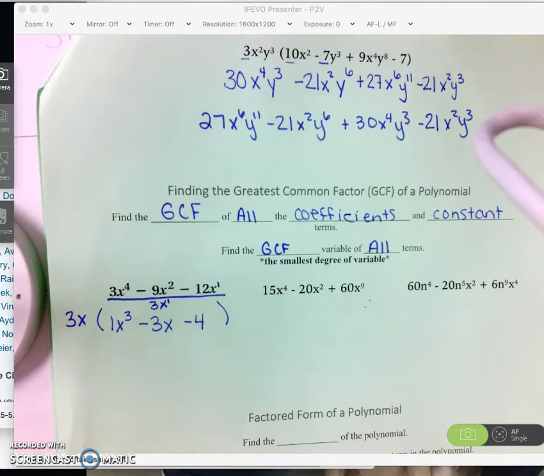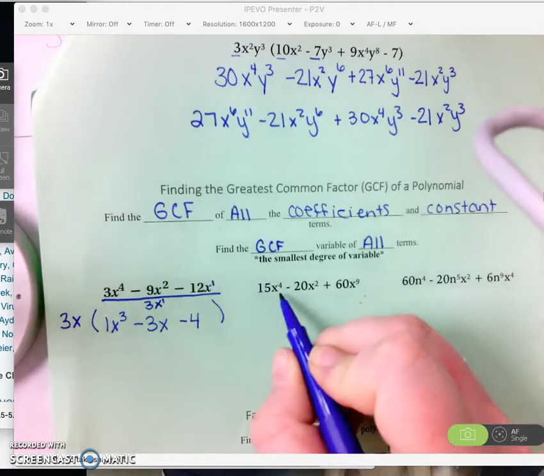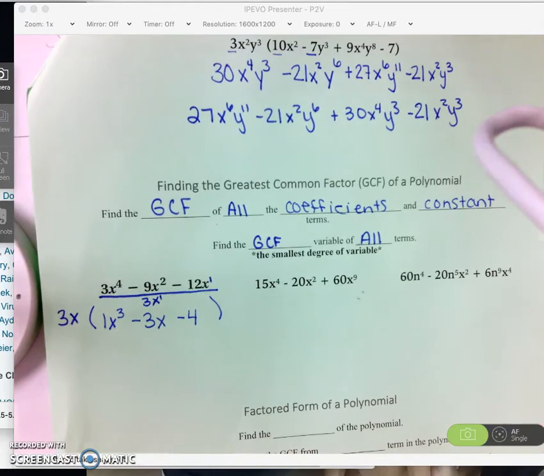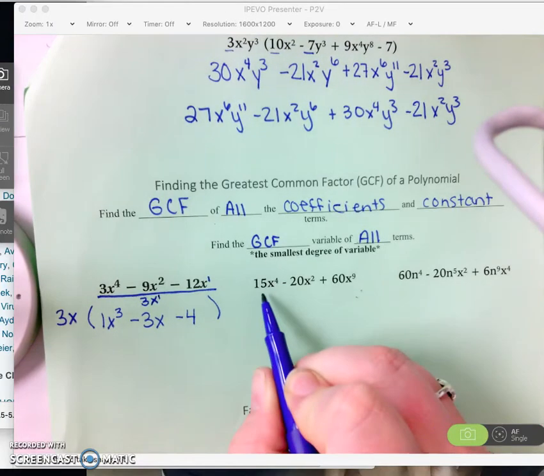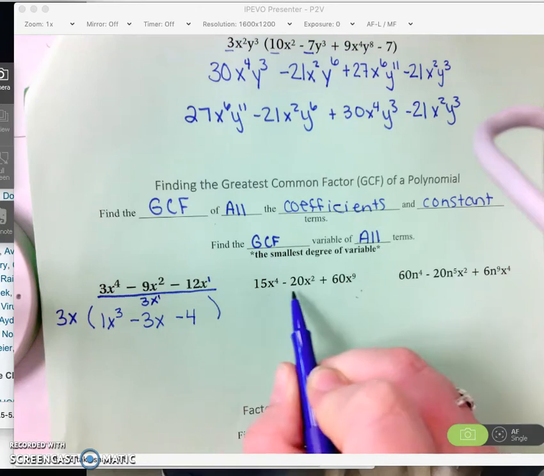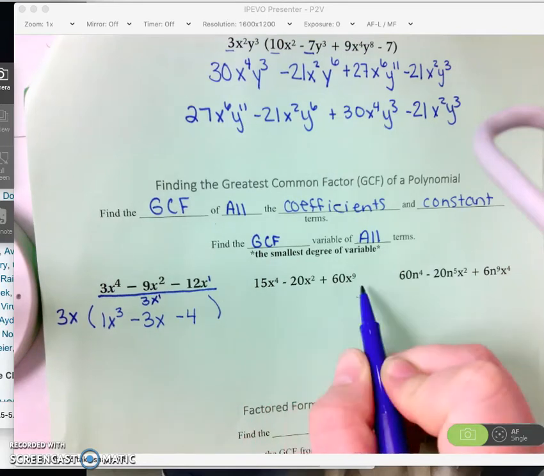So of this one we have 15x to the fourth. 15, 20, and 60 can all be divided by 5, right? Because the factors of 15 would be 1, 3, 5, and 5 can go into this one, and 5 can go into this one.